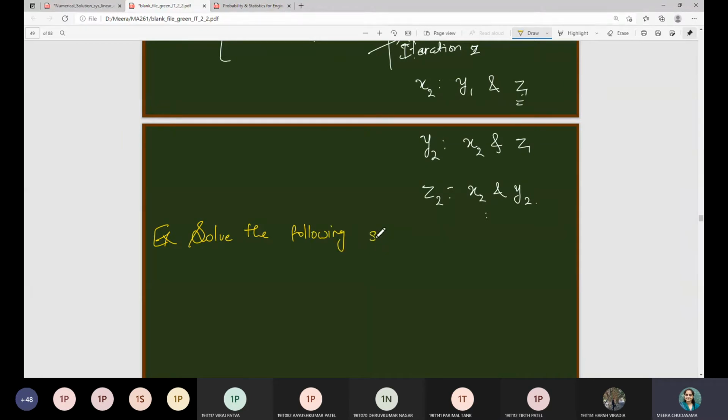Solve the following systems of linear equations.